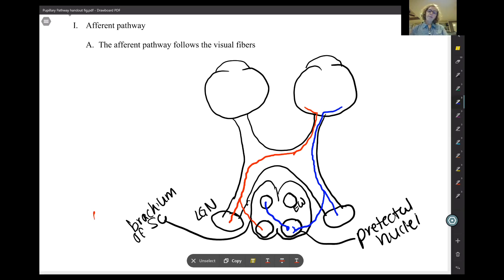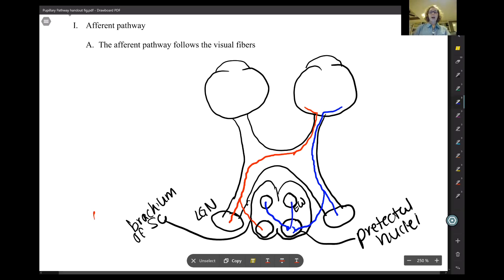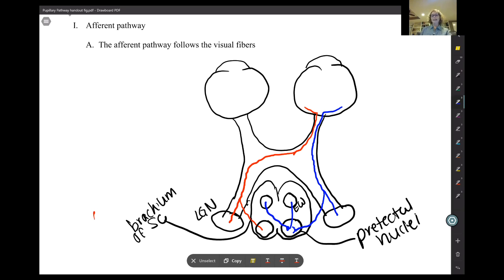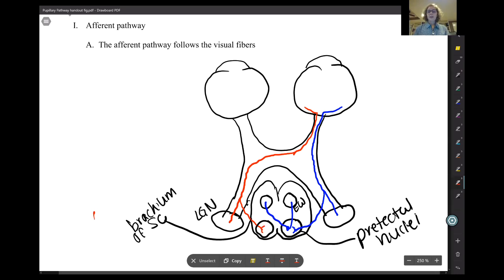The other half stay on the same side and go to the ipsilateral Edinger-Westphal preganglionic cells. The same thing happens on the other side. So they synapse in the pretectal nuclei.